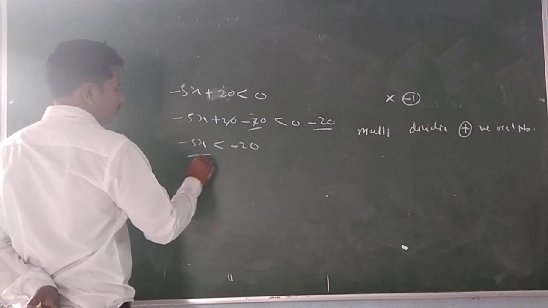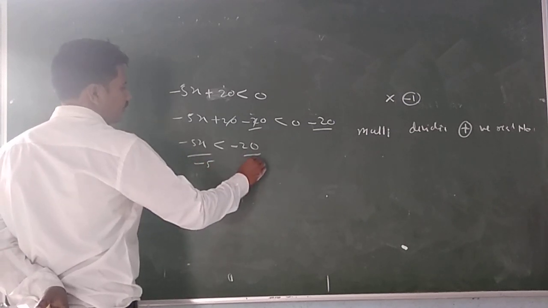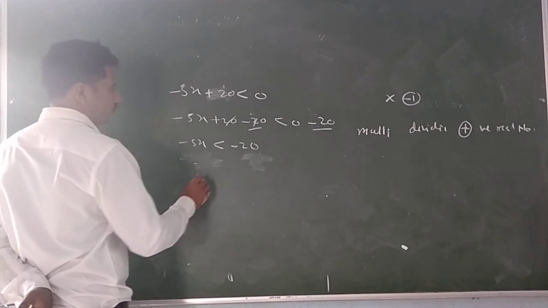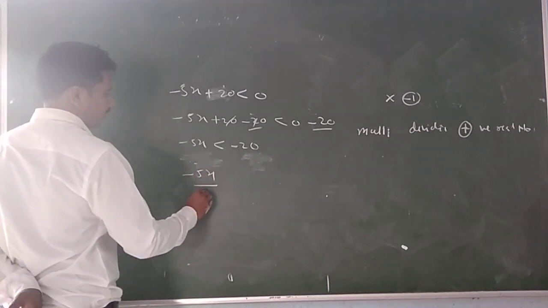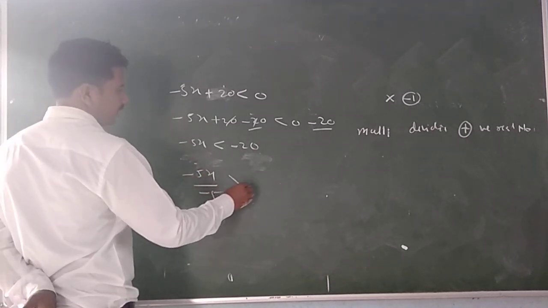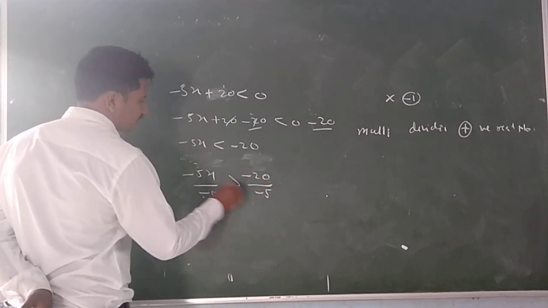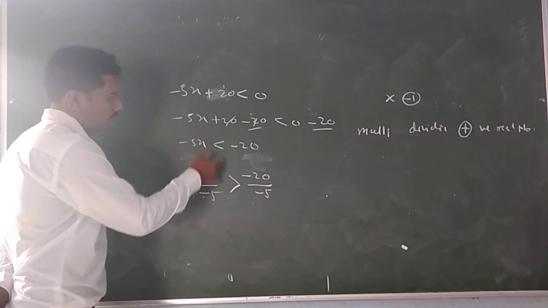Now we are dividing with minus 5, so we have to inverse this sign. So we divide it this way: minus 5x divided by minus 5 is greater than minus 20 divided by minus 5, as this minus changes the inequality sign.